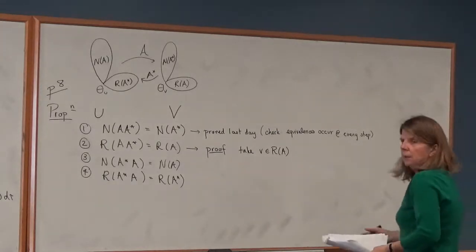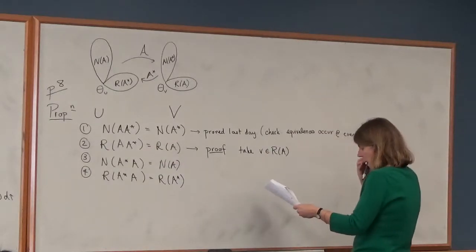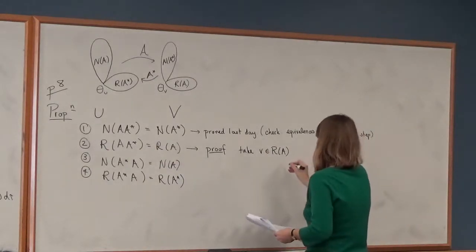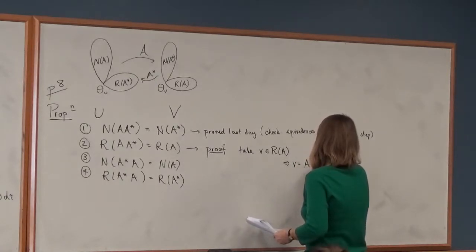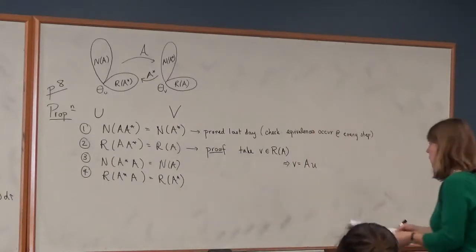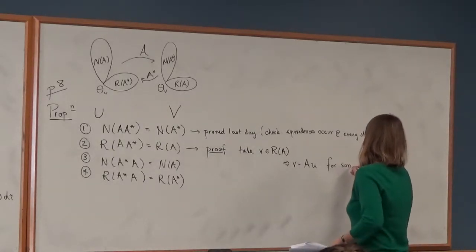And so what do we know about that? We're going to try to show it's also in the range of A star. That means that V is equal to A operating on U for some U in the domain.